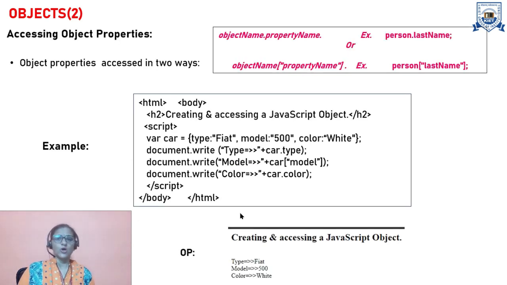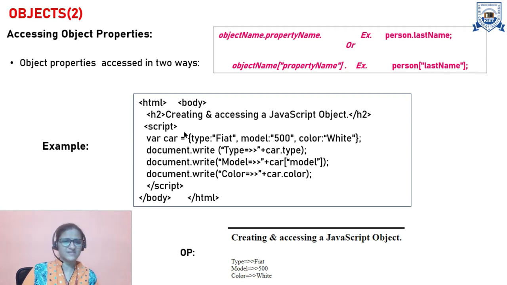Now, accessing object properties. There are two ways in which we can access the properties. The first one is the name of the object dot property name. Example, person.lastName. Or we can use the bracket. Inside the bracket, we can pass the property. For example, the name of the object person, and in the bracket, we pass the name of the property whose value we want to retrieve.